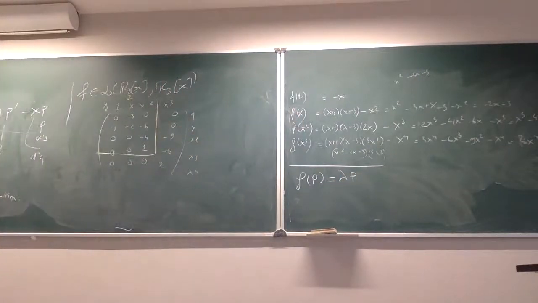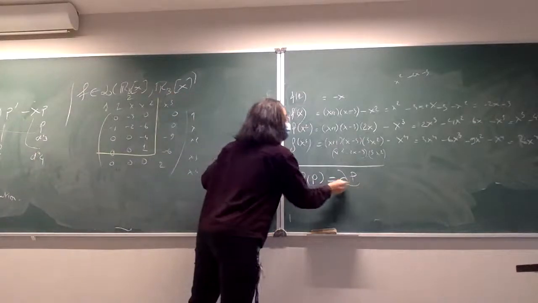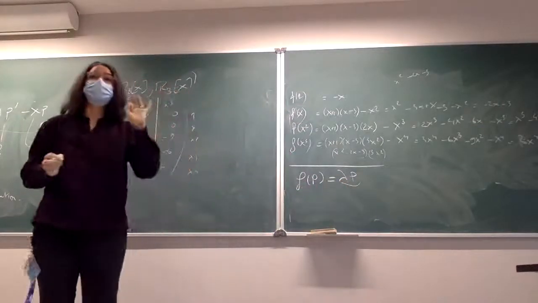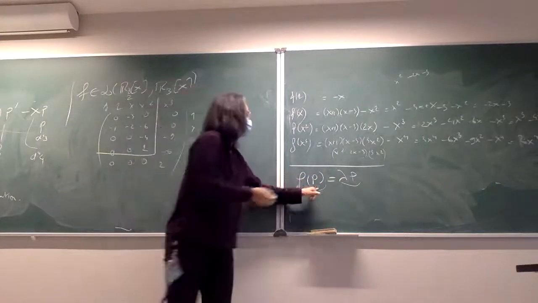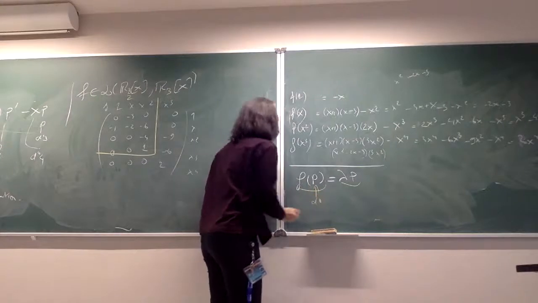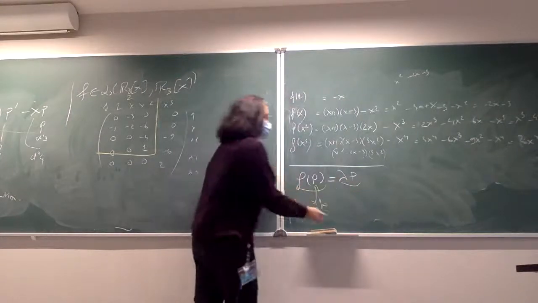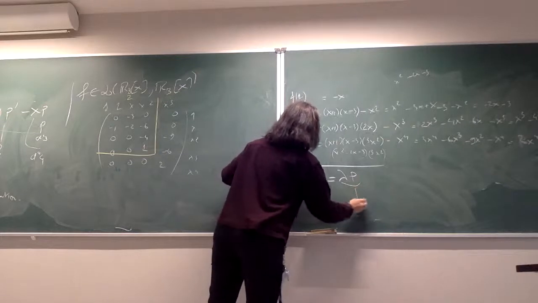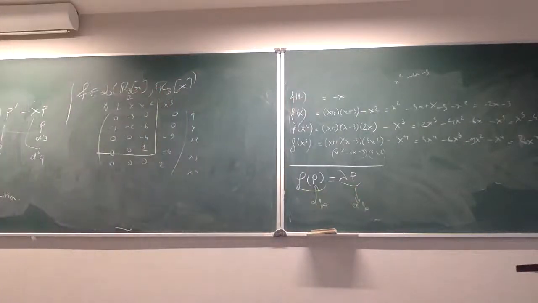Okay, that's the definition of eigenvalue, eigenvector. What does it mean? It means that the image has the same degree as your polynomial. If you plug in something of degree p, and it corresponds to an eigenvalue, eigenvector, you've got the image that has the same degree.